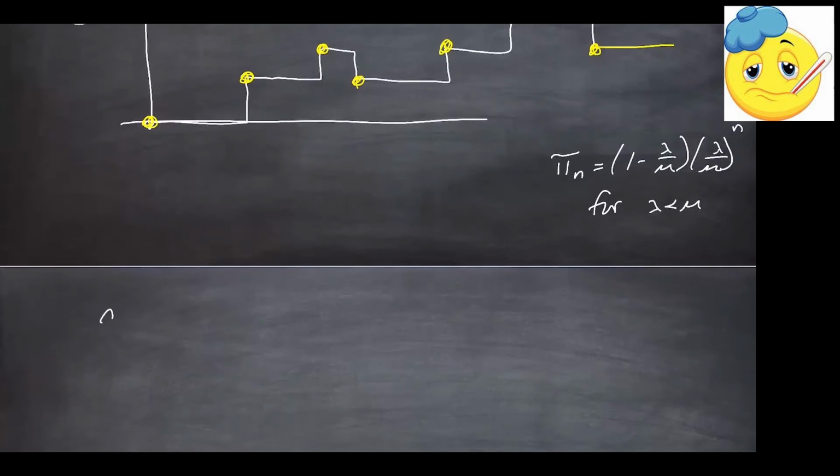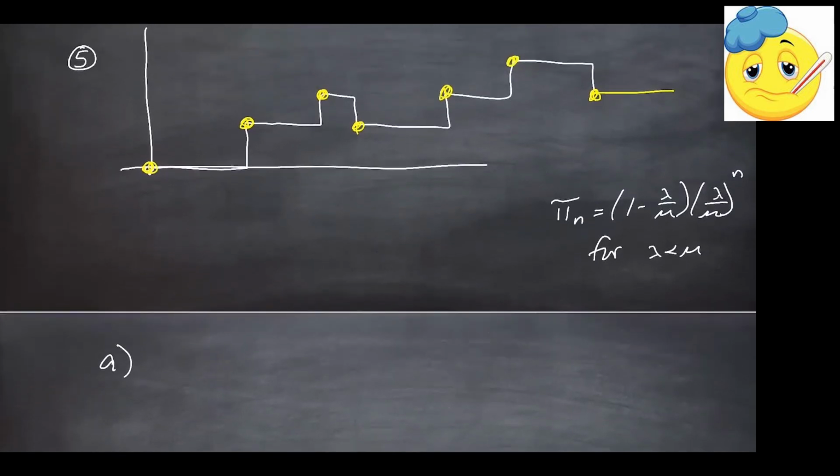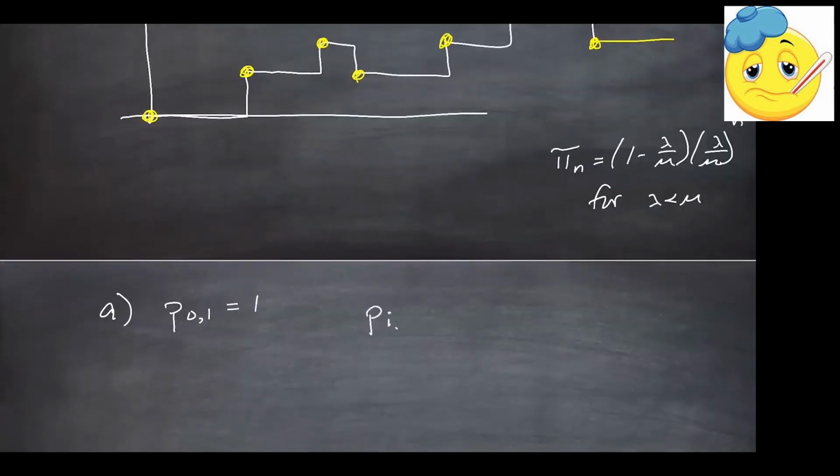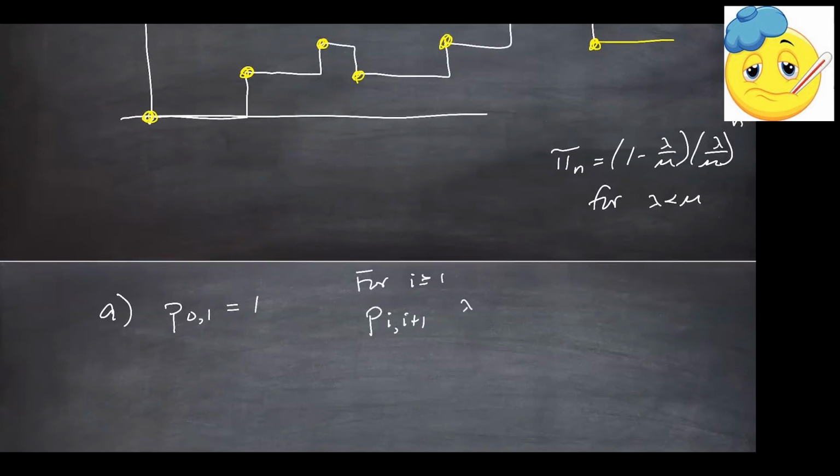So in part A, you want to write down the transition probabilities for this discrete time chain. And so from state 0, you always move to 1 at the time of your next transition. So this is going to be probability 1. So P_{i,i+1}, and this is for i greater than or equal to 1, is equal to λ over λ plus μ, the birth rate over the rate to the next transition.